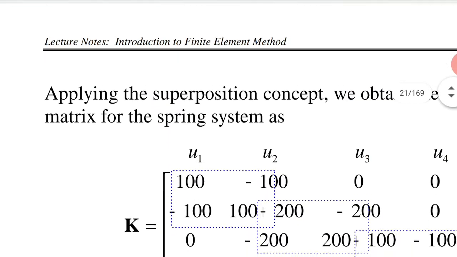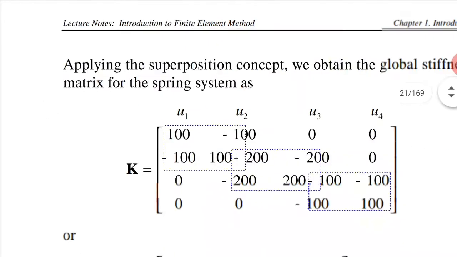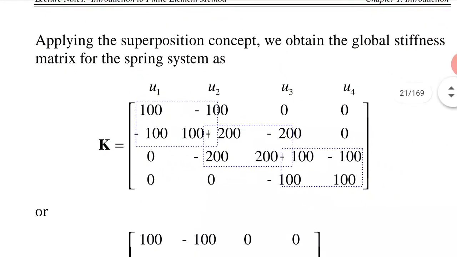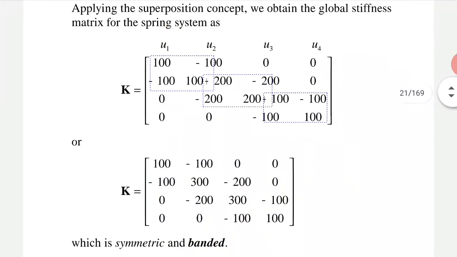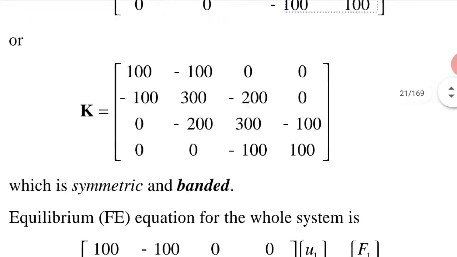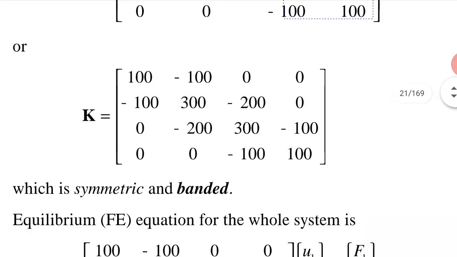As we have studied, we will have the global stiffness matrix corresponding to U1, U2, U3 and U4, that is nodes 1, 2, 3 and 4. By adding and simplifying, we get the global stiffness matrix K: 100, minus 100, 0, 0; minus 100, 300, minus 200, 0; 0, minus 200, 300, minus 100; 0, 0, minus 100, 100.